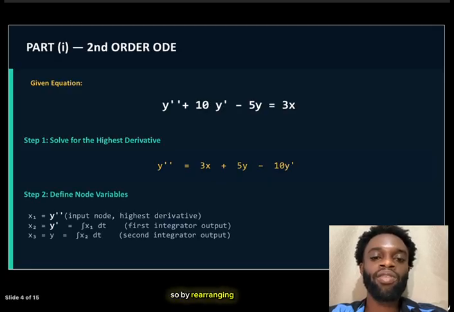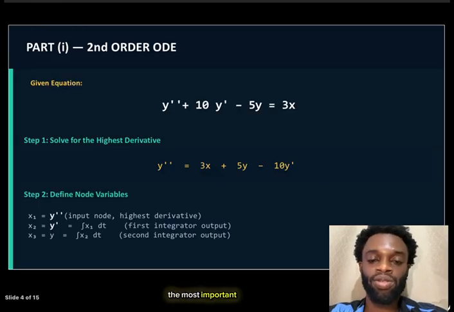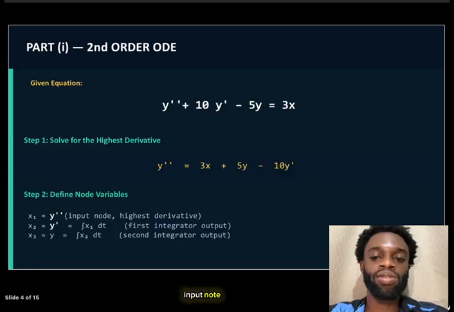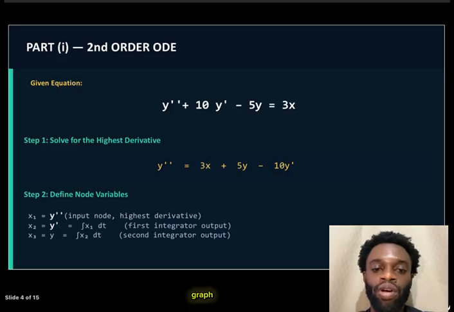By rearranging the equation above, we have y'' = 3x + 5y - 10y'. This setup is the most important one because the highest derivative becomes the input node. That's the very starting point of our signal flow graph.